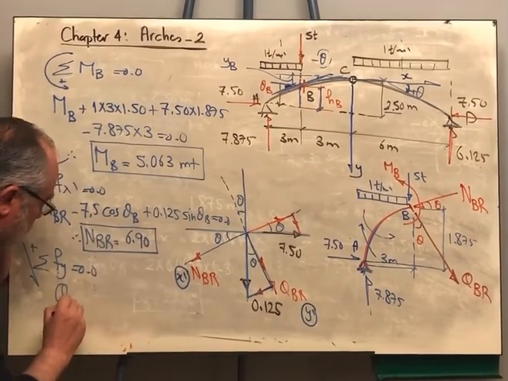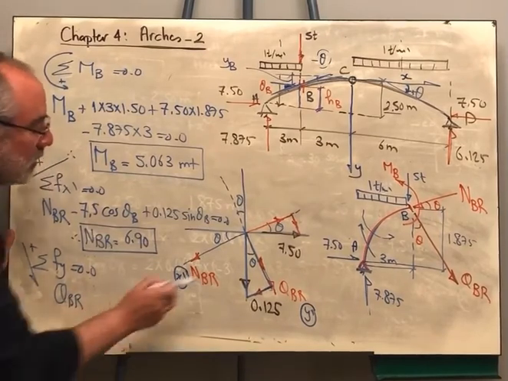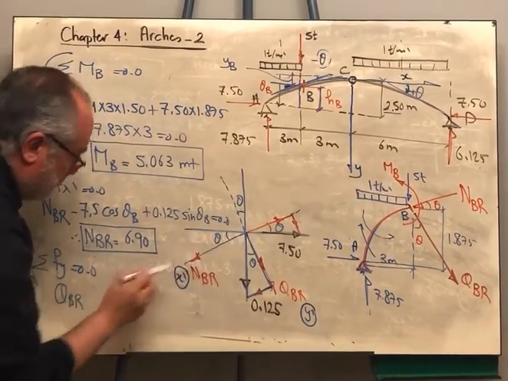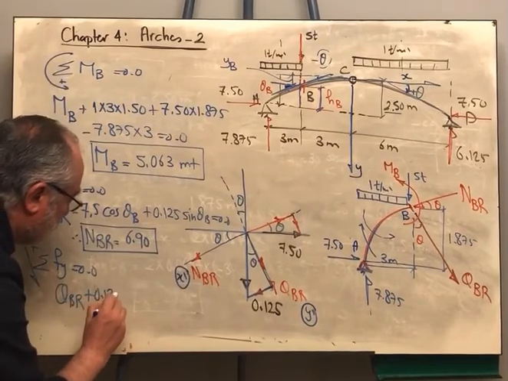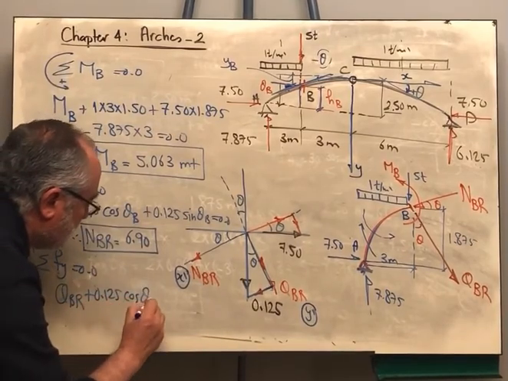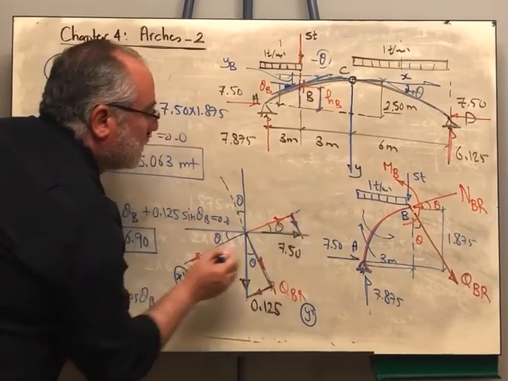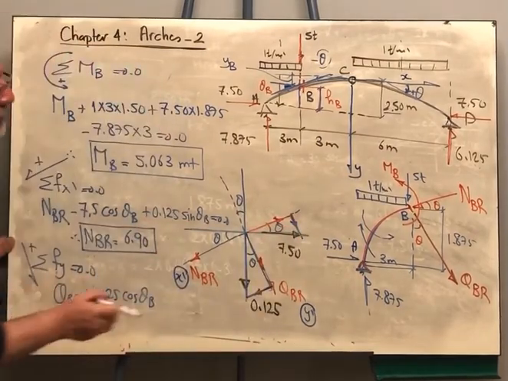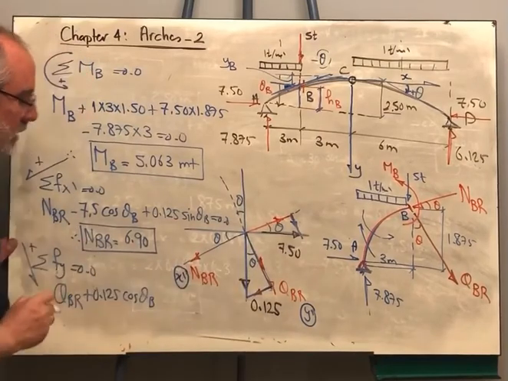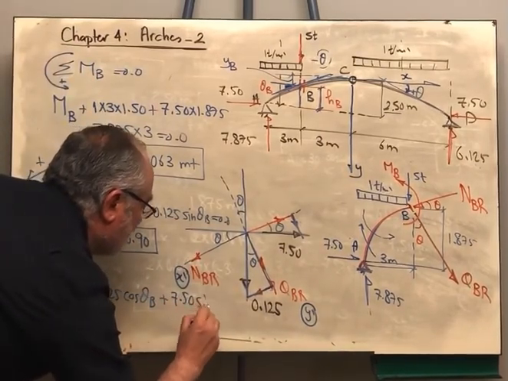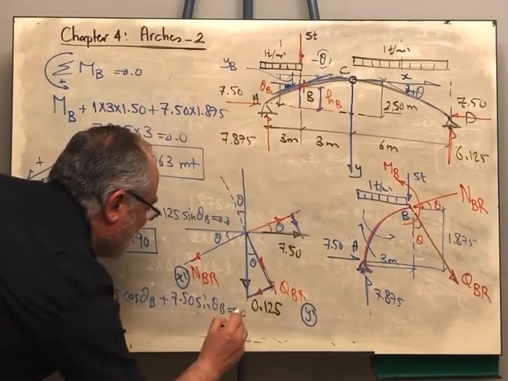So I am having QB, right? And then plus the component of the 0.125. It is plus 0.125 cosine theta b. And also we will have to add the component of the 7.5 because it is in the same direction. Then it is plus 7.5 sine theta b is equal to 0.